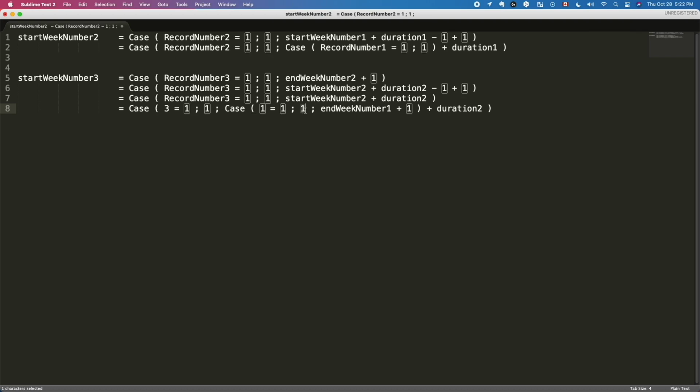Which means this case function always goes into this branch, which makes the formula just 1 plus duration 2. And that aligns with our previous observation. You can repeat this process with any other record, and it's simply going to suffer from the same issue, and always give you a formula that is equal to the duration of the previous record plus 1. And again, that's what we observed.